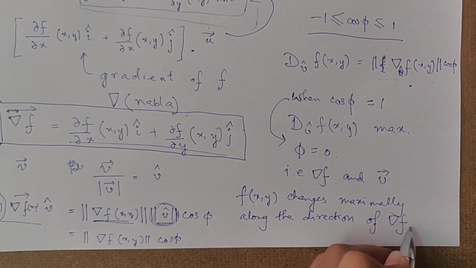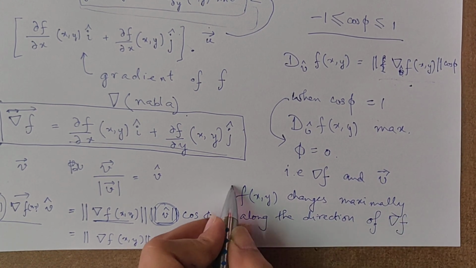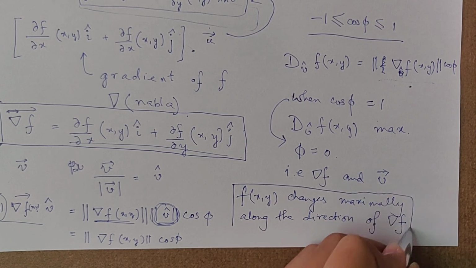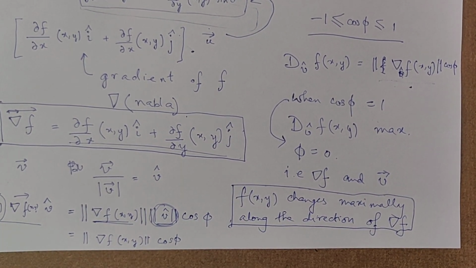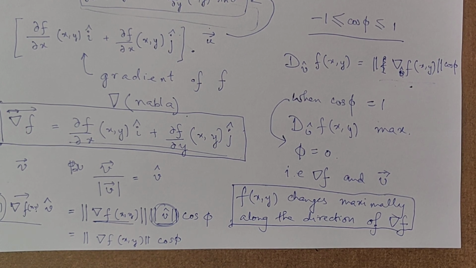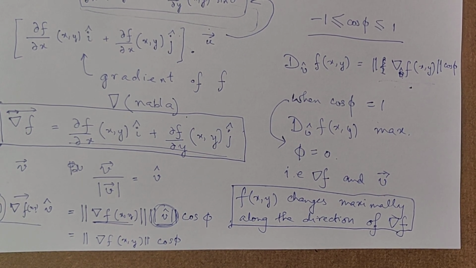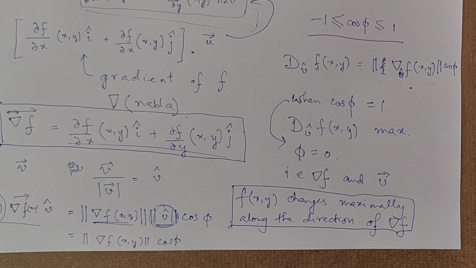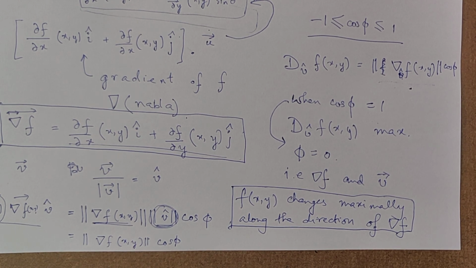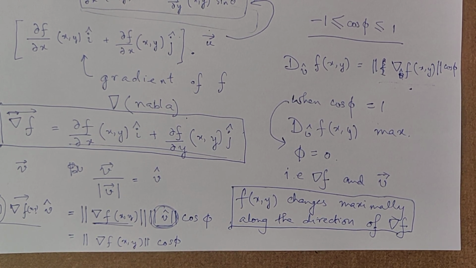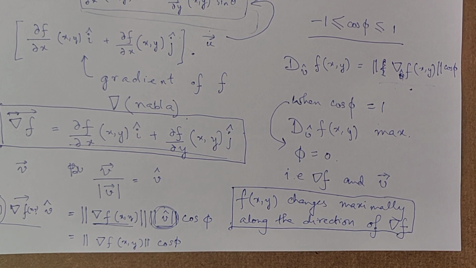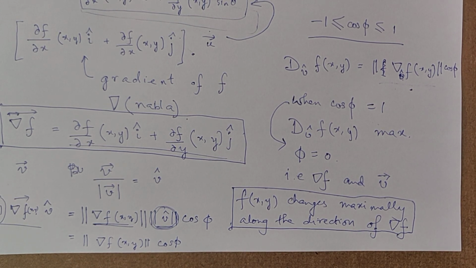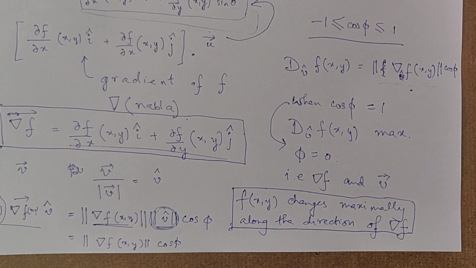of grad f. This is the key takeaway for which I was proving and showing so many things to you, that if I have a function f(x, y) and I want to know the direction in which f is changing maximally, how do I know the direction?